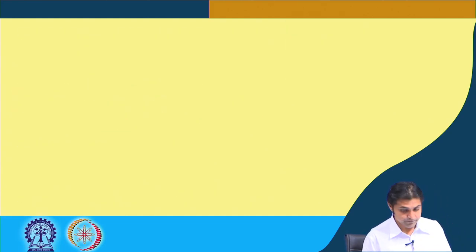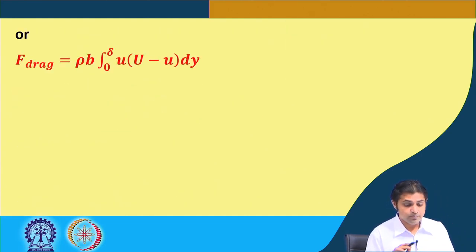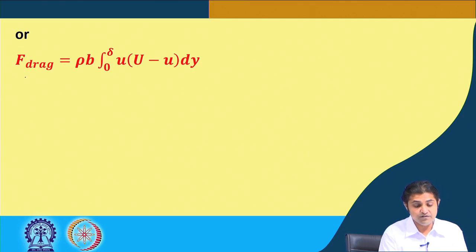Or simply, if we take some terms outside and take the common, F drag will become rho b integral of 0 to delta u multiplied by the velocity deficit into dy.